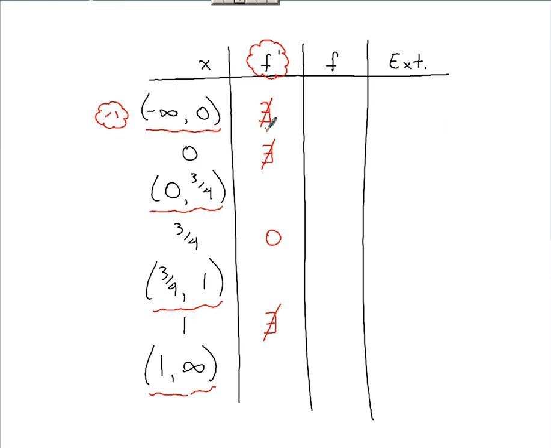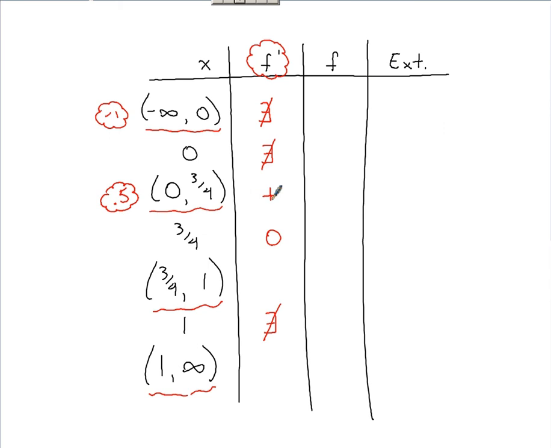All right, from 0 to 3/4, select a number between 0 and 3/4. 3/4 being 0.75, so I could choose 0.5. If you plug in 0.5 to the derivative, what do you get back? I got something positive. You can check me on that, but I got something positive.